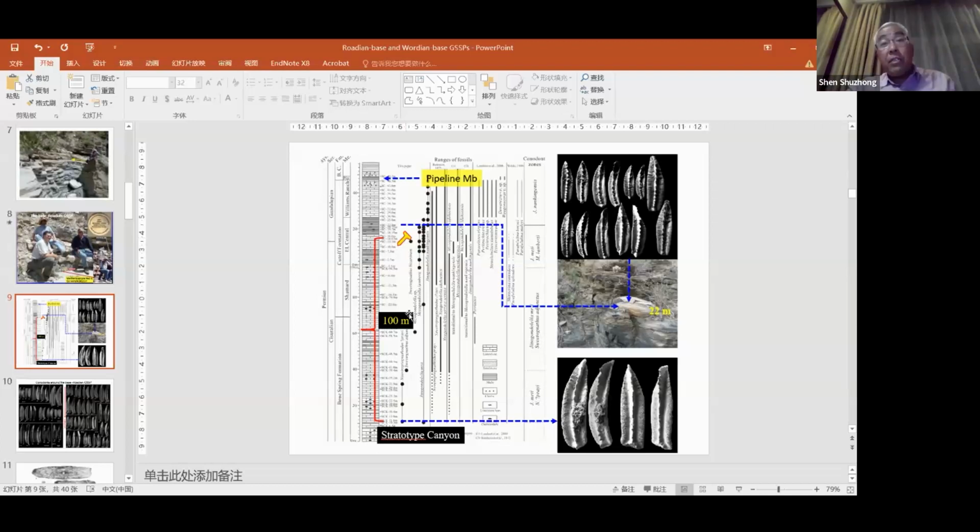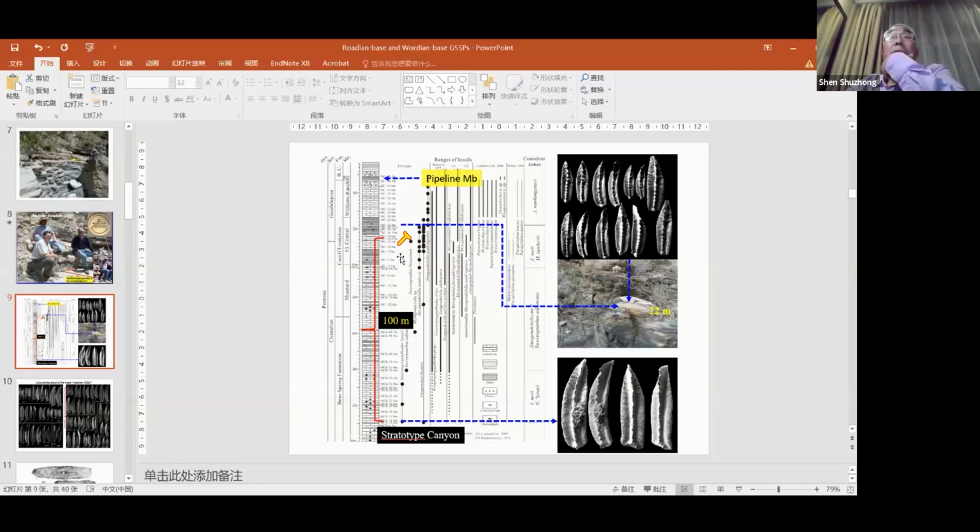And we found some specimens with weak serration here. Look, that's the specimen at the horizon 100 meters below the GSSP. So if we want to use the serration to define the base of the Guadalupian series, then it's not possible, because it's 100 meters below here.